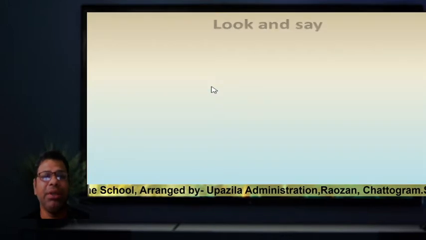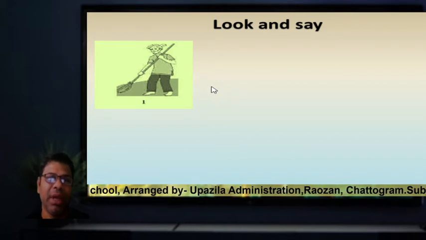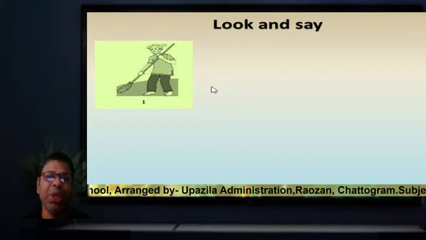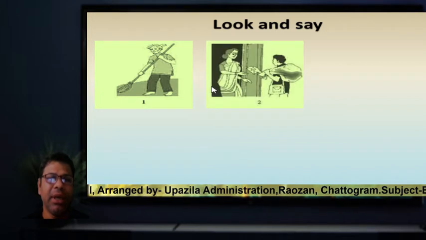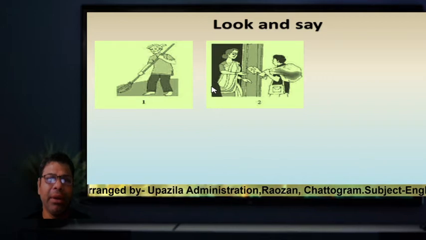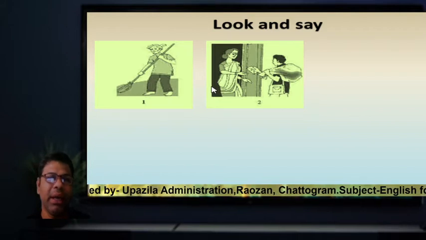Dear learners, look and say, who is he? A person is sweeping the floor, that means a cleaner. Then there is a gentlewoman and a postman. The postman has a bag on his shoulder and there is another bag in his hand.